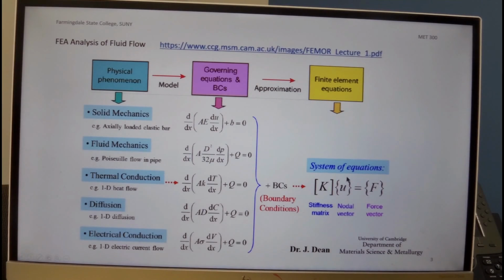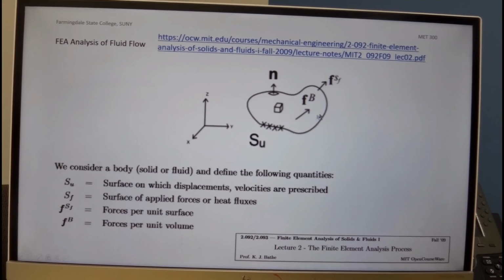To solve for the unknown nodal values, we invert the matrix, multiply it by the forcing function, and get the results. The continuum has to be defined in terms of the boundary conditions.